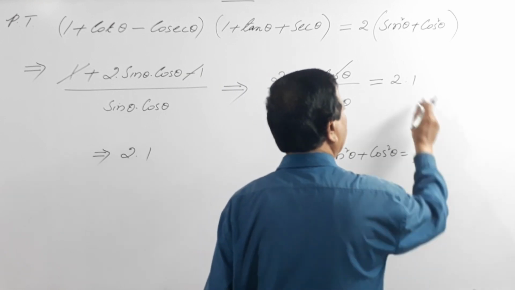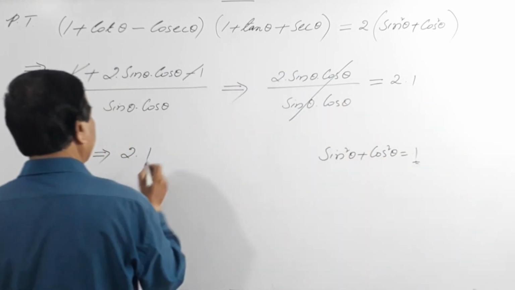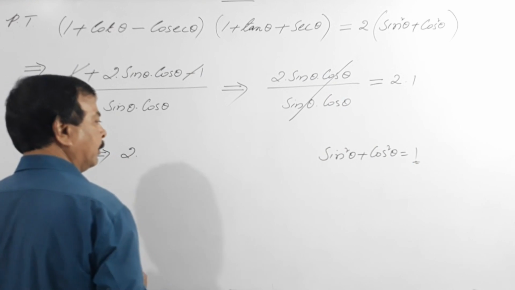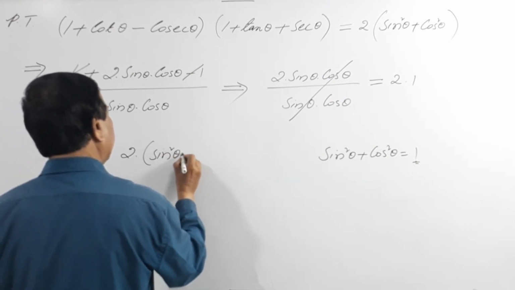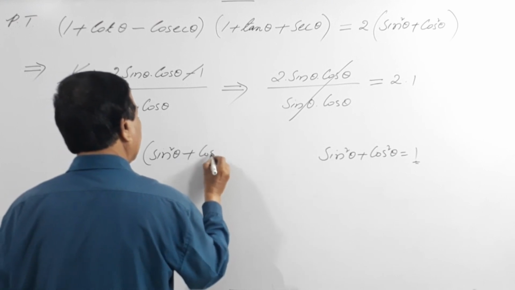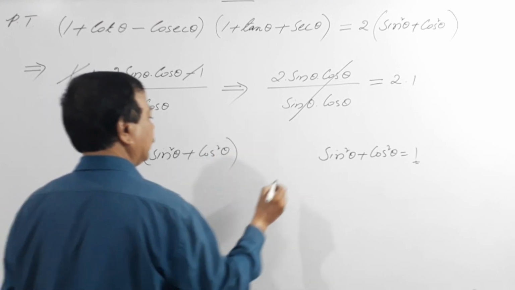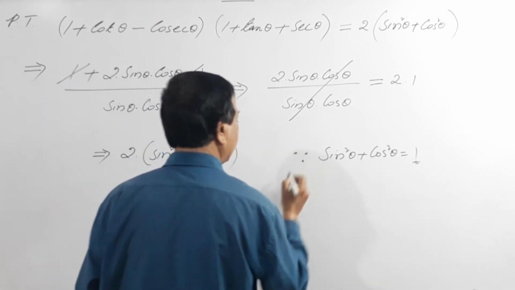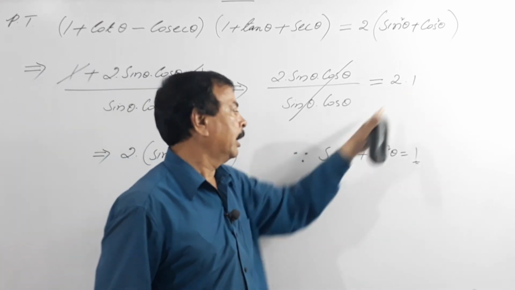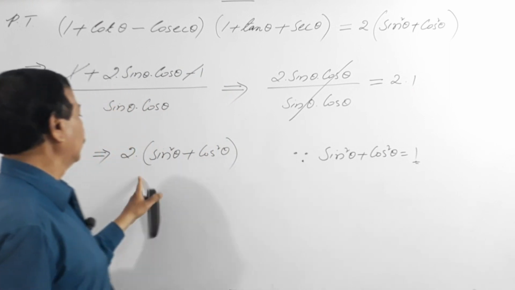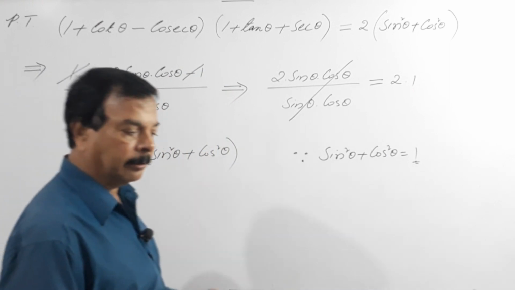So this 1 I substitute here, this 1 as sin square theta plus cos square theta, since sin square theta plus cos square theta equals 1. So we got this 1. I substituted 1 here as 2 into sin square theta plus cos square theta.